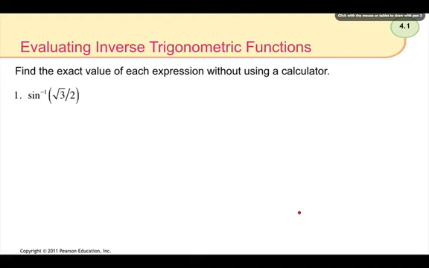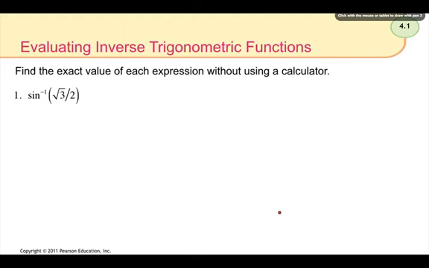So here's number 1. It says find the exact value of each expression without using a calculator. So we have sine inverse of radical 3 over 2. And again, notice that this ratio is between negative 1 and 1, and is a ratio that you see in the unit circle.